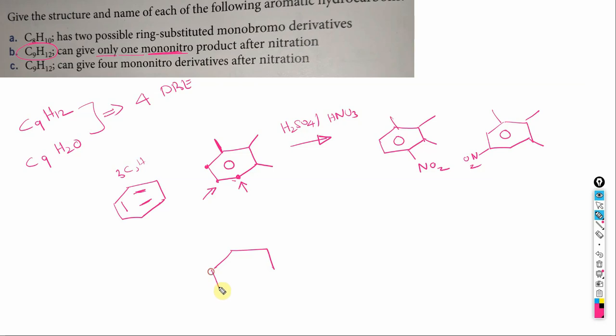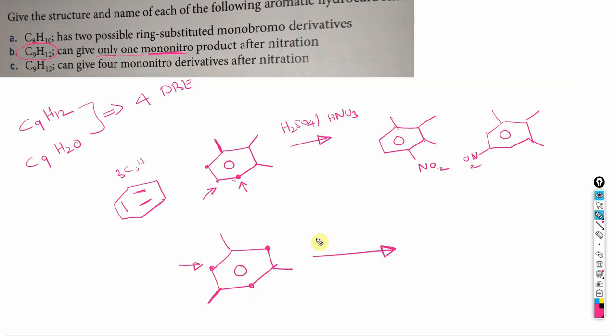So let's now take another possibility. Let's make this molecule completely symmetrical, like that. So this carbon is the same as the carbon here, same as the carbon here. So there's only one location in this molecule which is going to react, because all of the other locations are the same as this one.